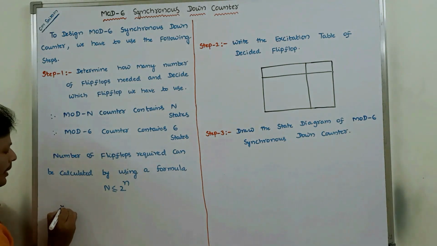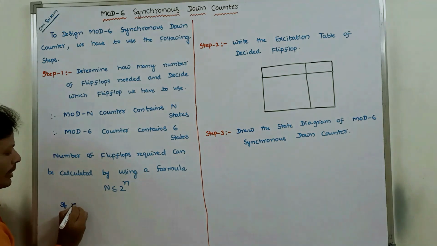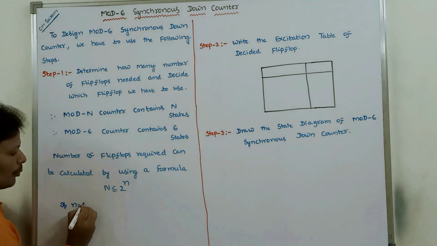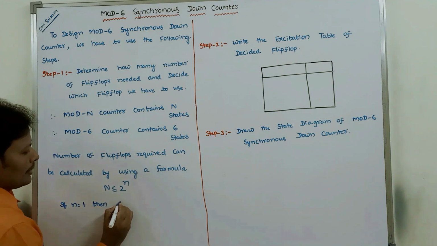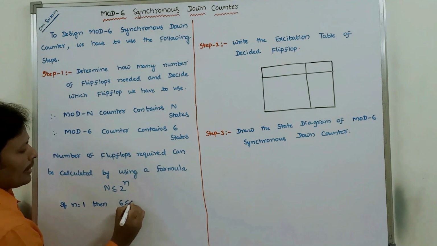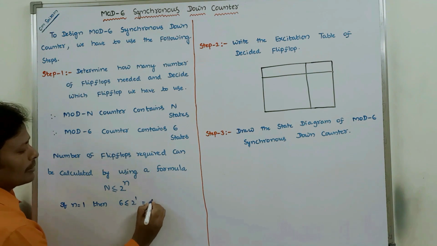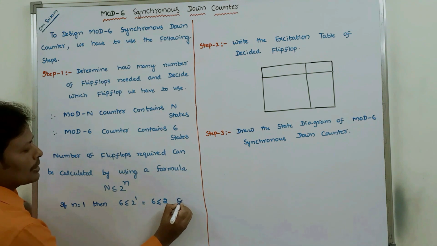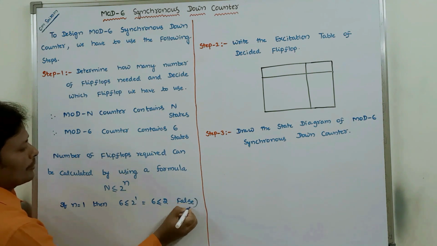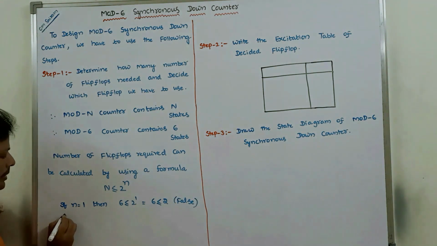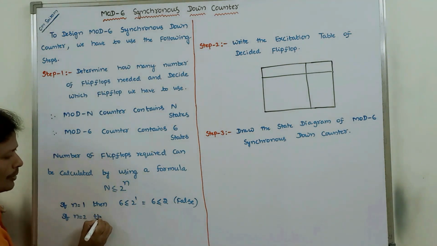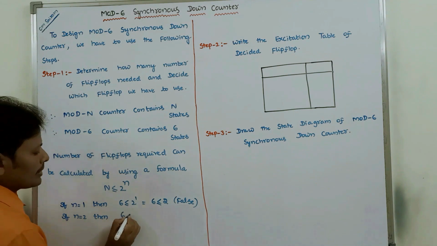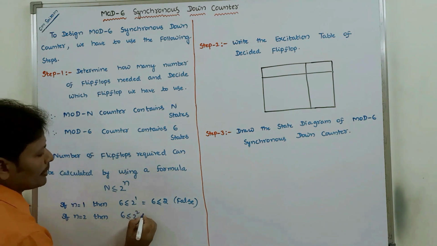Here, if n is equal to 1, then 6 less than or equal to 2 power 1. That means 6 less than or equal to 2. So this is false. Next, if n is equal to 2, then 6 less than or equal to 2 power 2.